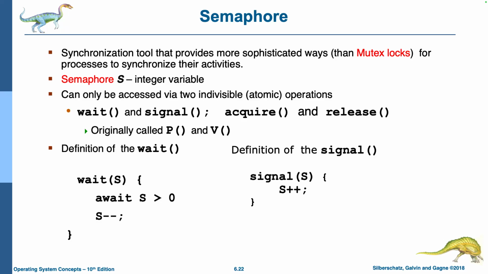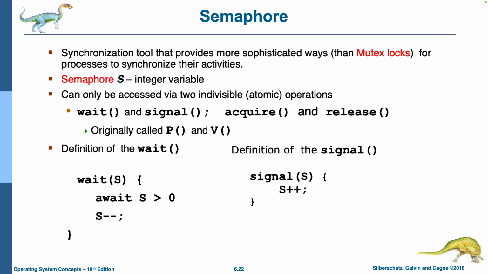So wait and signal inside the implementation are atomic. Here is an integer. Wait and signal, or acquire and release, or some call them P and V. It's the same thing with different names, always confusing. In Python they use acquire and release, and in some textbooks P and V. Remember, it's the same thing, different names.